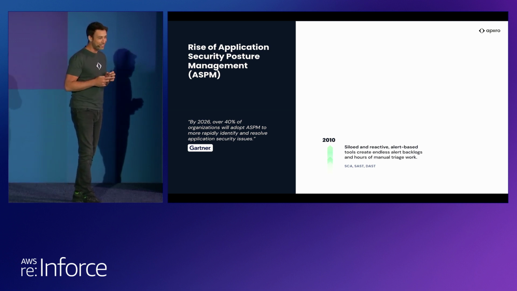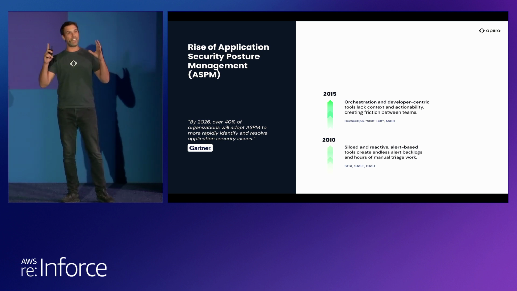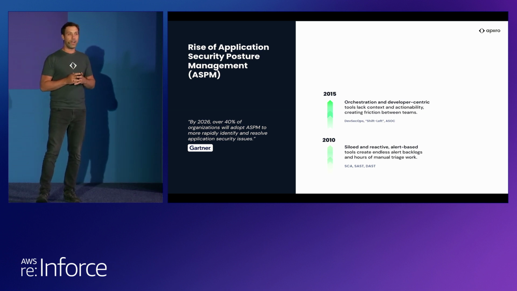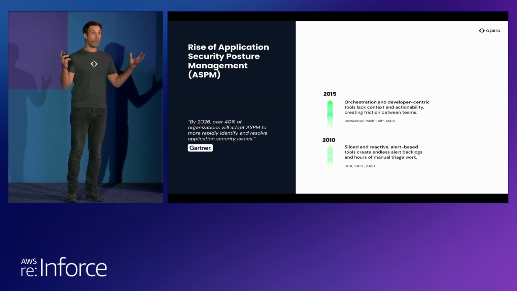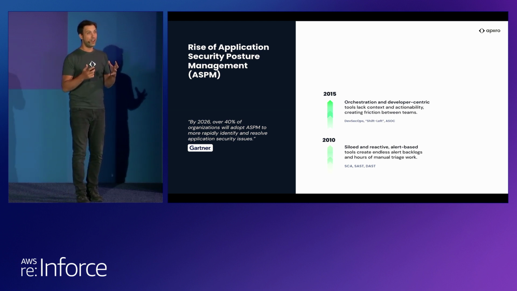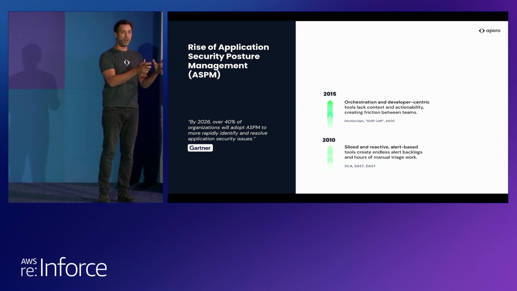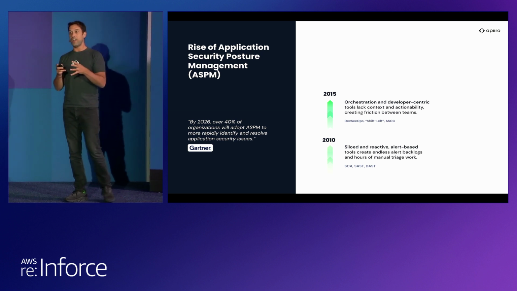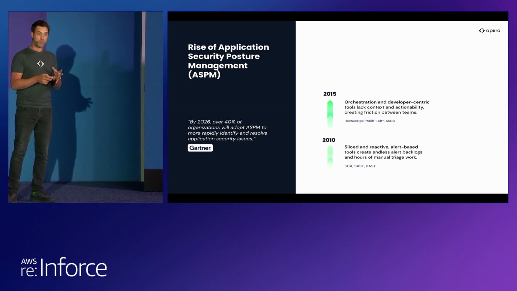Then came the orchestration piece, ASOC, application security orchestration and correlation, and developer-centric tools. What happened? They took all the alerts from all these tools and just shifted them left to the development teams without any context. This created a lot of friction between development teams and security teams.